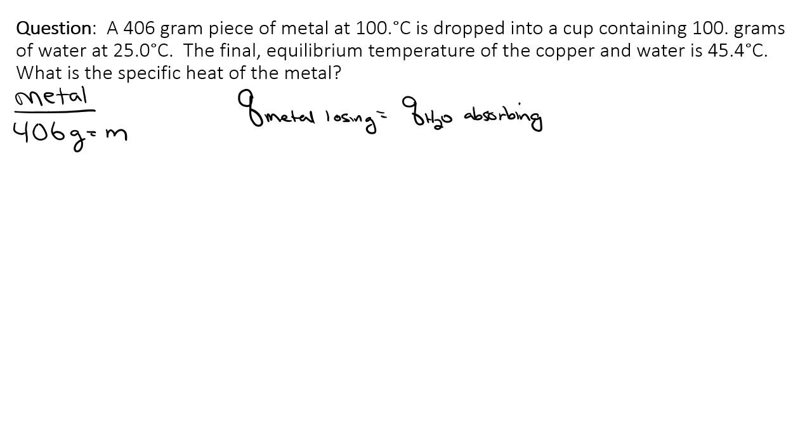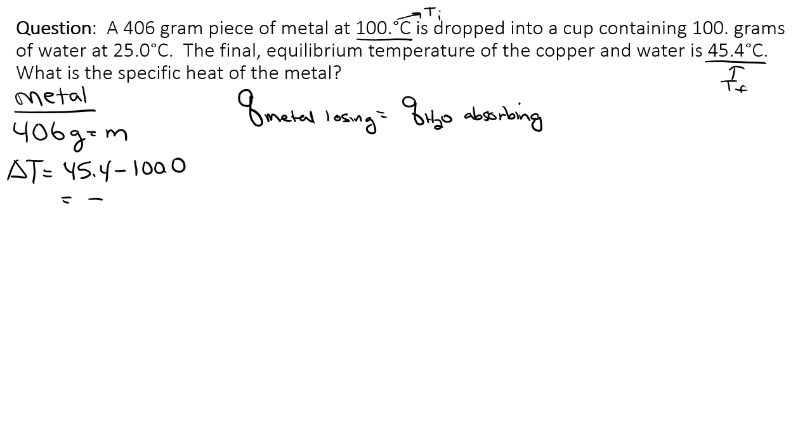Its initial temperature is 100 Celsius, and its final temperature is 45.4 Celsius. If I wanted to calculate the change in temperature, the final temperature would be 45.4, and the initial would be 100.